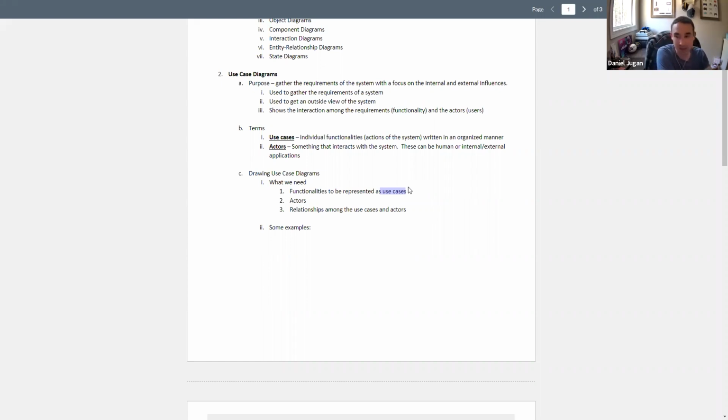Now, sometimes you will only have a single actor. Most of the time in a game setting, if you're creating a game, you're only going to have a single actor. This is the user playing the game. But think about, we might have some sort of employee tracking software that keeps track of all of the employees that work in the system.